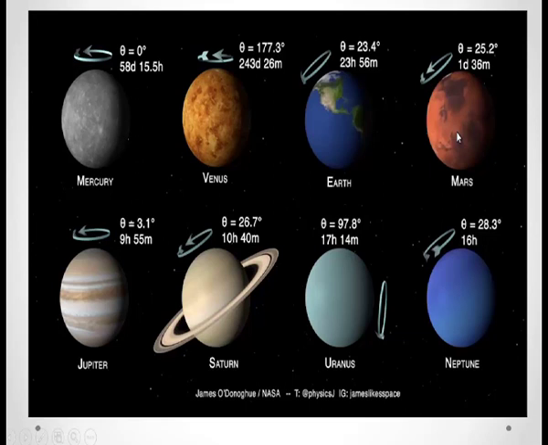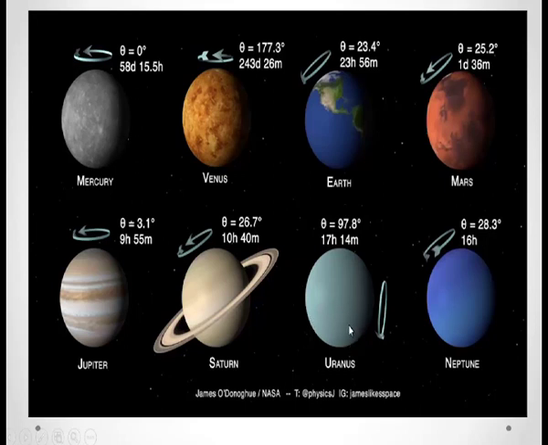Mars is tilted 25.2 degrees. Then Jupiter is almost horizontal, 3.1 degrees. Very minute tilting is there in Jupiter. Then in Saturn, the axis of Saturn is tilted 26.7 degrees.